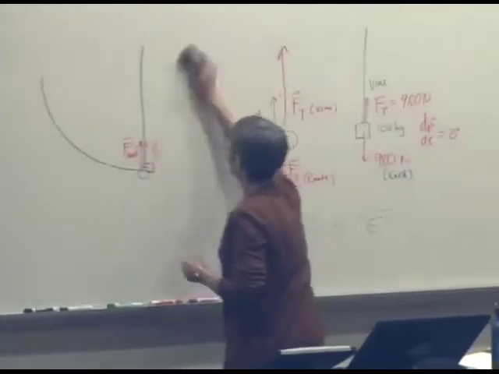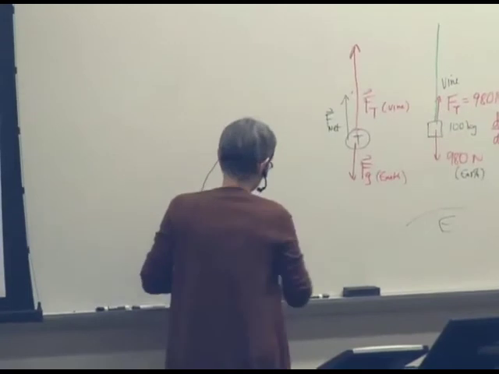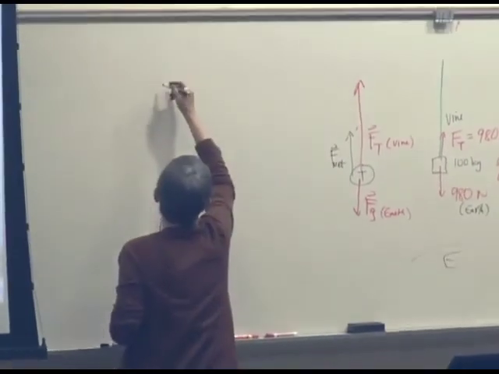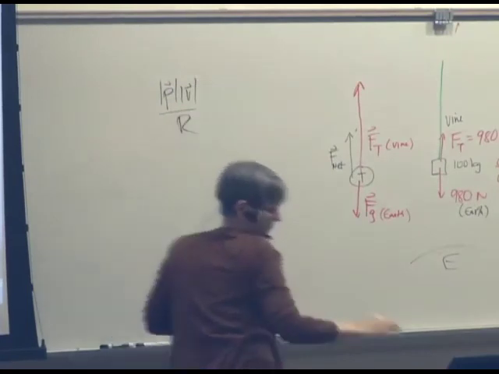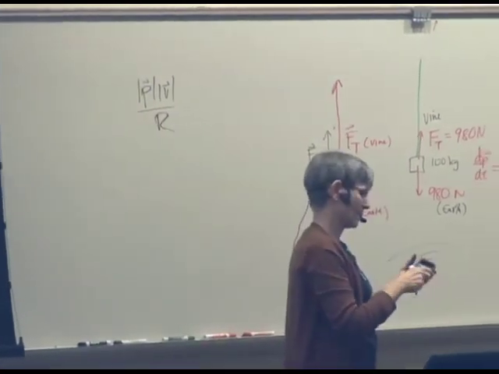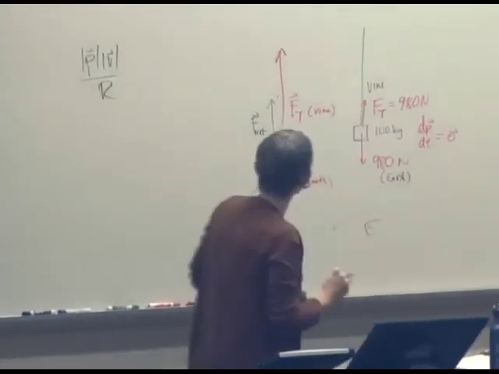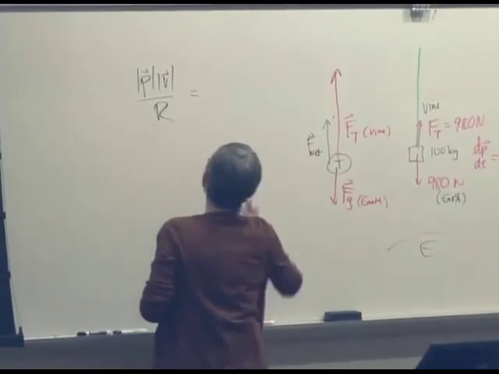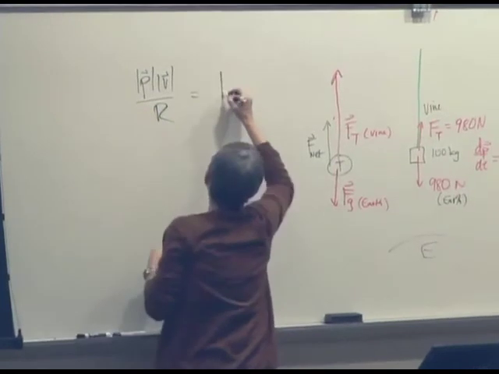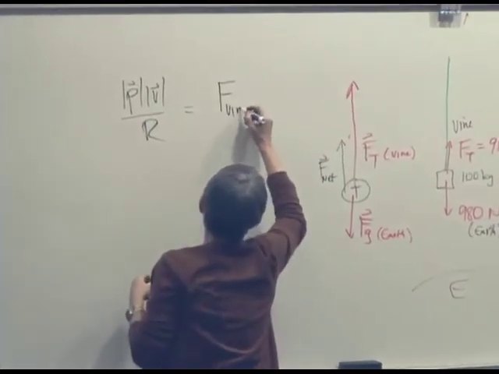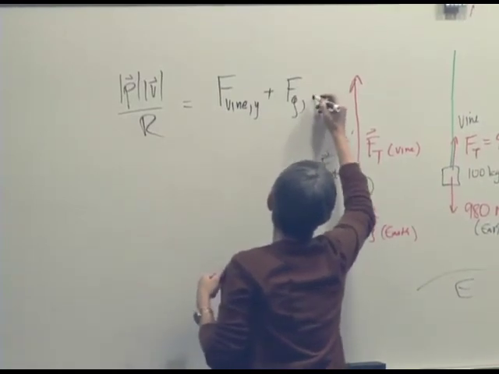All right. So we have, this is important enough that we're just going to take time to do this. Okay, so that's the rate of change of his momentum. And this is going to be equal to F vine sub y plus F gravitational y.